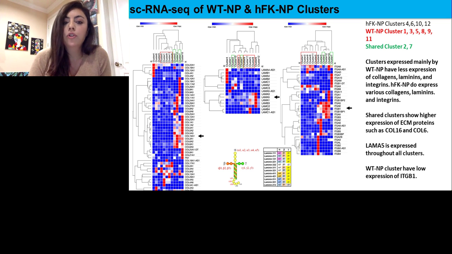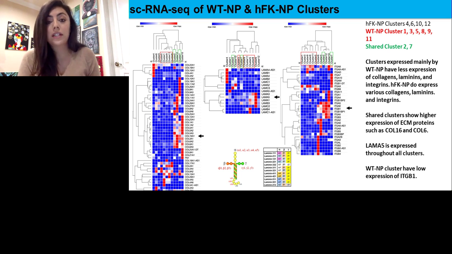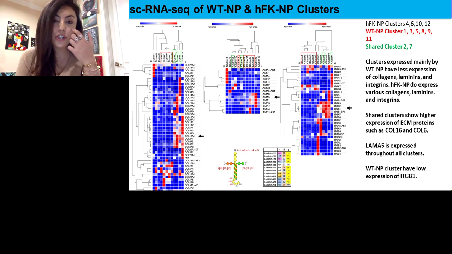And they had much lower expression of collagens and integrins, specifically integrin beta-1, shown by the arrow. While clusters mostly expressed by human fetal kidney nephron progenitors appear to have stronger expression of extracellular matrix proteins. And clusters shared by both seem to have stronger expression compared to Wilms tumor nephron progenitor-only clusters.